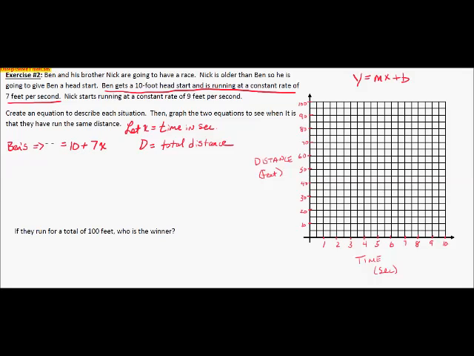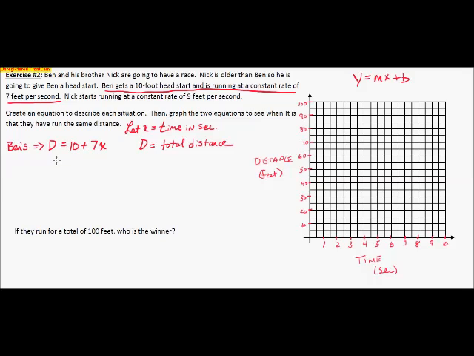Well, that's going to equal his total distance. I'm going to put the d over there this time. So now, are we in the form y equals mx plus b? Well, sort of. If we really wanted to, we could switch this 7x and this 10 around. We really don't need to. But it really is y equals mx, that would be your 7x, plus b, that would be your 10.